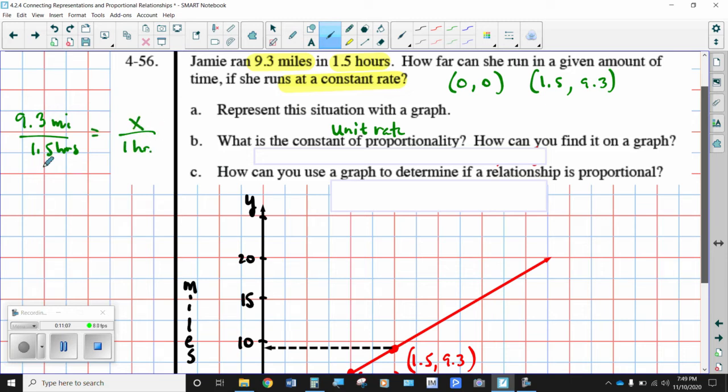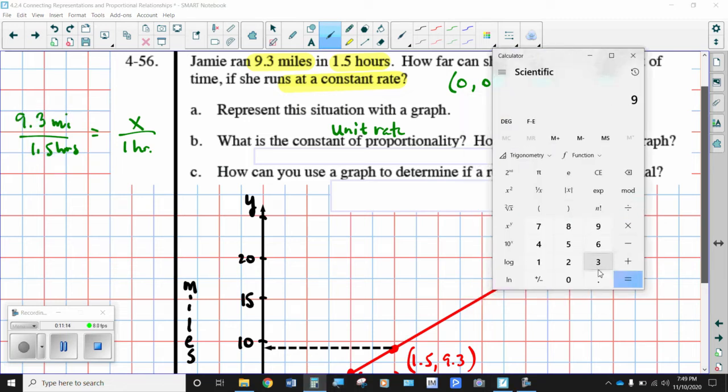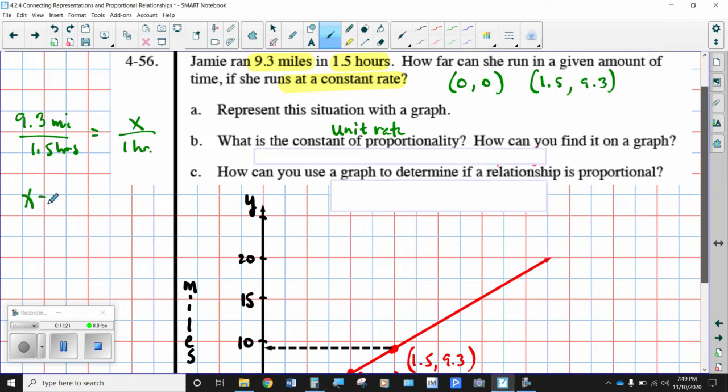So remember, when you find the unit rate, it's really just a matter of doing this division, 9.3 divided by 1.5. So let's go ahead and do that. 9.3 divided by 1.5, and our answer is 6.2. So 6.2 miles per hour is our unit rate. That's the constant of proportionality. So that means for every 1 hour, you travel 6.2 miles. That's basically what that is saying.